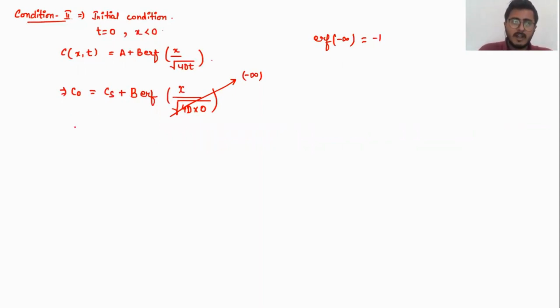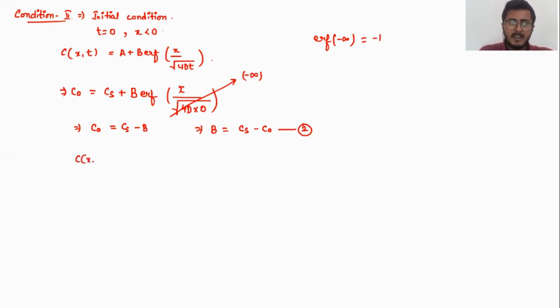So if I put this value, C naught is equal to Cs minus B. From here I can say that my B is nothing but equal to Cs minus C naught. This is the second equation that we have. Now putting the values of A and B in the solution, we are basically going to obtain the solution for the carburization using Fick's second law. So let us put these values and see what we are obtaining.